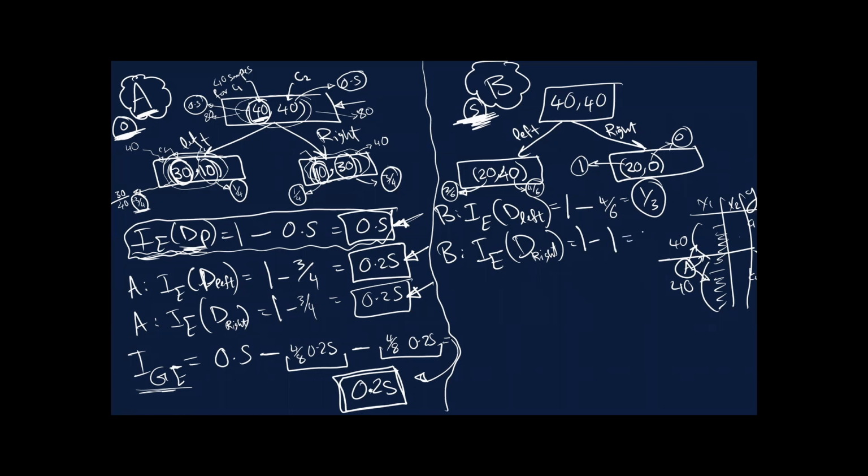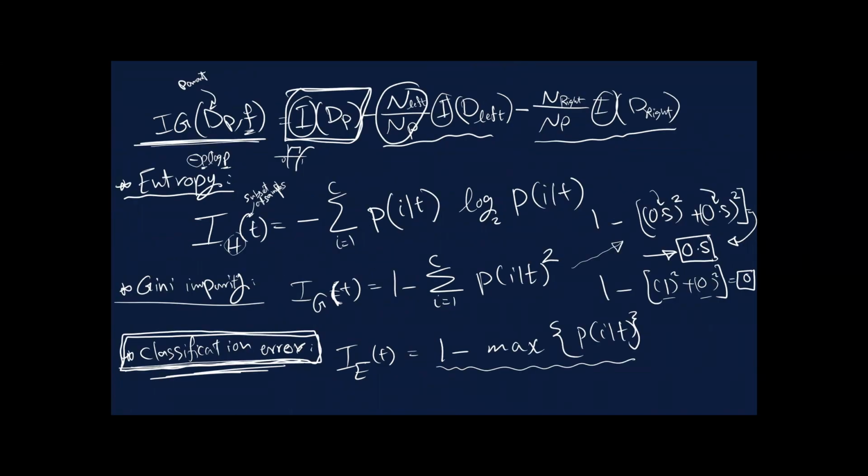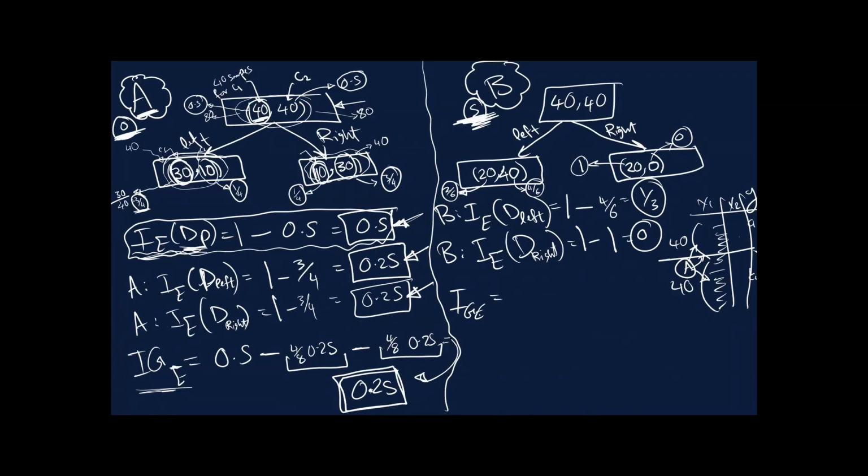So this would give us 0. Now we can calculate the information gain for this classification error. Let's rename these, putting them as we were putting in the equation. Because here we were putting IG, so just put IG, and here as well.